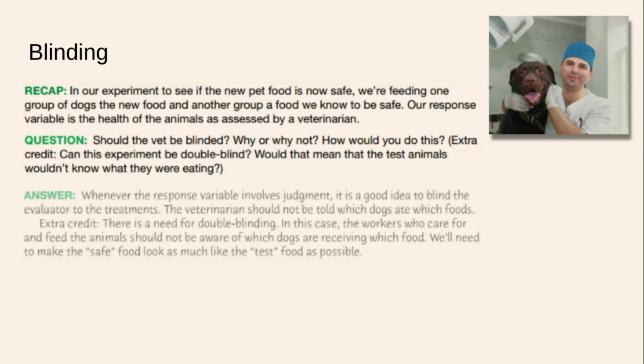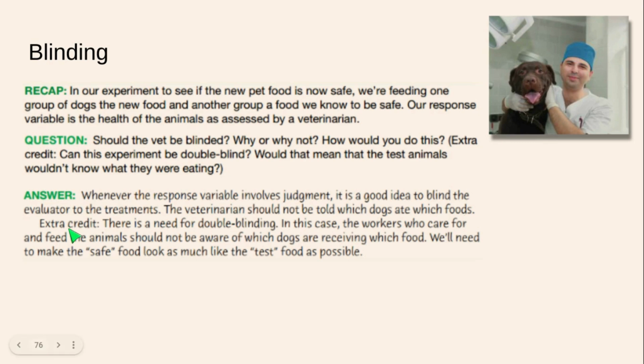Here we go. So, whenever the response variable involves judgment, it's a good idea to blind the evaluators to the treatments. And this one absolutely involves judgment because we're asking a vet to evaluate a pet, okay? The veterinarian should not be told which dogs ate which foods. That can reduce bias.